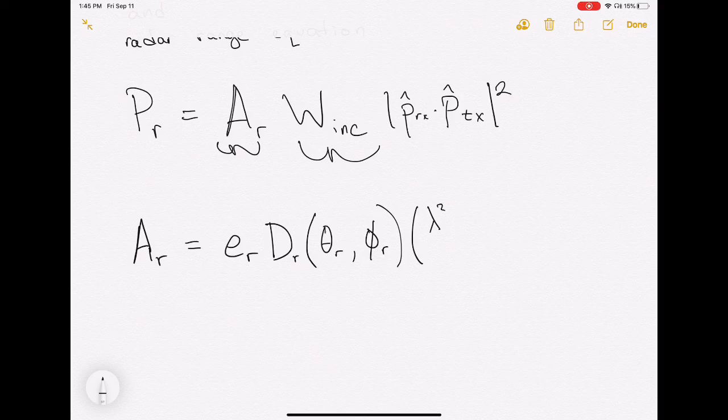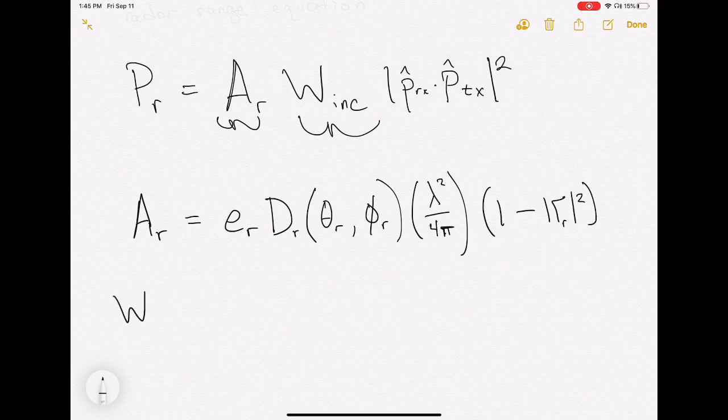It's got a factor of lambda squared over 4 pi, which is what turns it into effective area. You've seen that before when we talked about the directivity. And if there are mismatch losses to include, those would be included here too. So we would also include the matching efficiency, 1 minus gamma squared for the receive antenna. All that stuff gets included in the antenna's effective area.